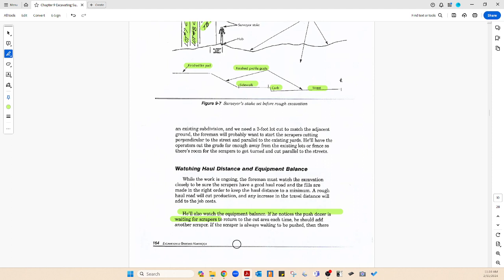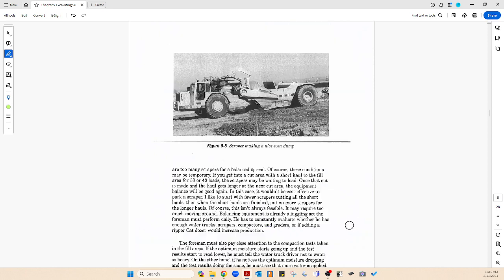If the scraper is always waiting to be pushed, these are the things he's looking out for. If they're waiting to be pushed, then there are too many scrapers. There's a traffic jam for a balanced spread, and there's your scraper spread. It's just when there's a group of scrapers working in the same area.